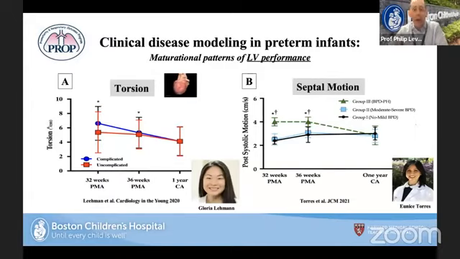And what we found was that the left ventricle was impacted at 32 and 36 weeks, but the left ventricle recovered over time. So using these advanced metrics gave us clinical insight into why babies may have systemic hypertension, why their left heart may fail and recover. This is insight that we brought from the bench to the bedside.